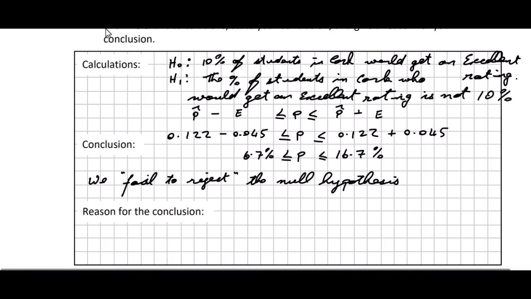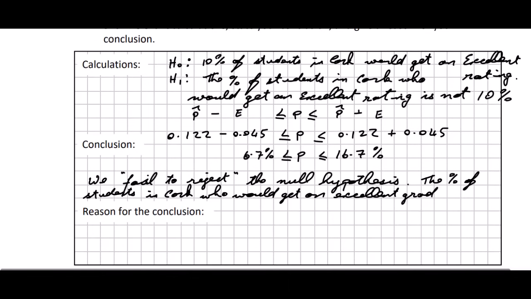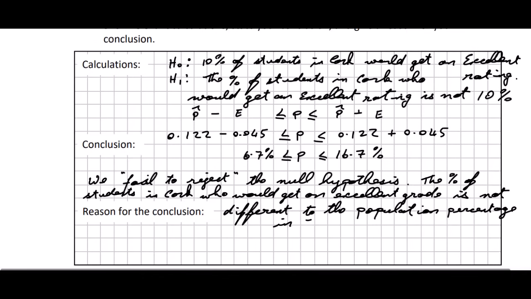So we fail to reject the null hypothesis, and then we would say something like the percentage of students in Cork who would get an excellent grade is not different to the population percentage, in Ireland, if you like.